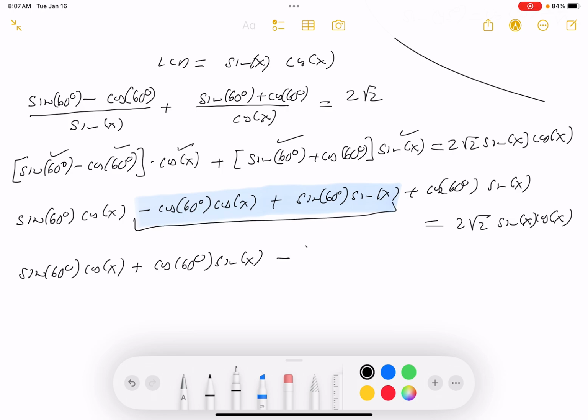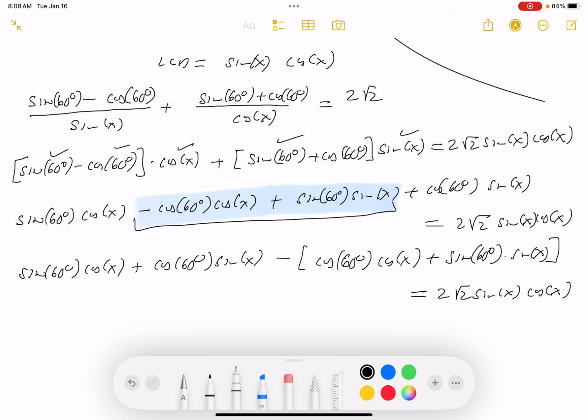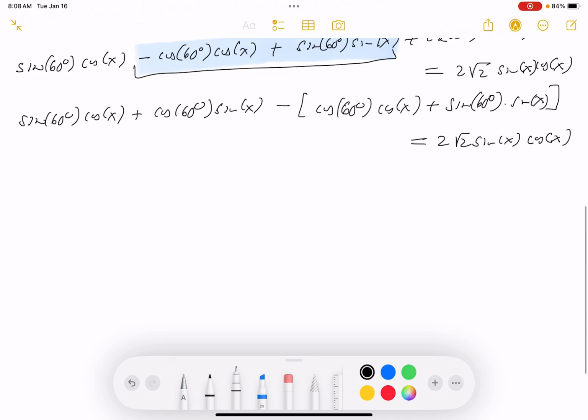Now, these are what I want to write down now. So it's minus cosine 60 cosine x plus sine 60 sine x. I do recognize that, by the way. And this equals 2 root 2 sine x cosine x, all right?